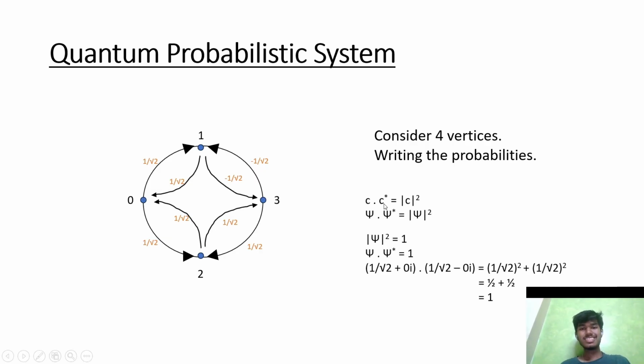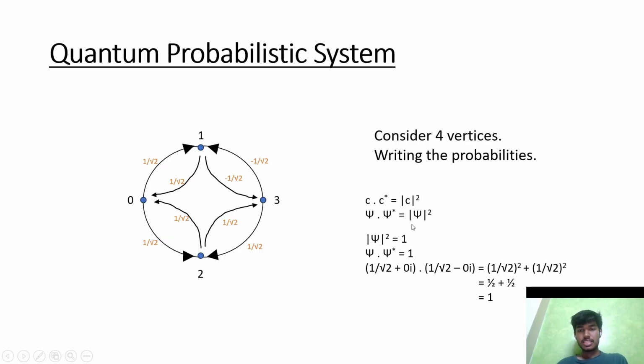So we know that C into C conjugate is equal to mod of C square, where C is any complex number. Similarly, psi into psi conjugate equals mod of psi square. Now, mod of psi square represents the probability. So we know that the total probability will always be 1. So I've written mod of psi square equals 1.